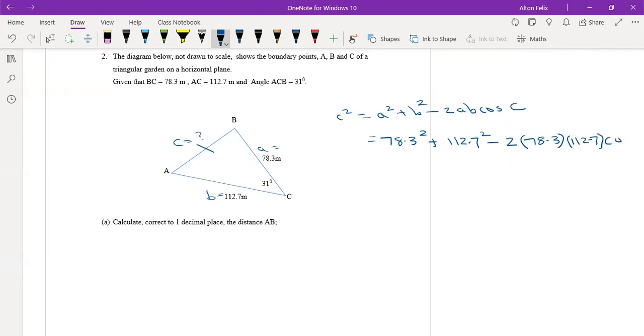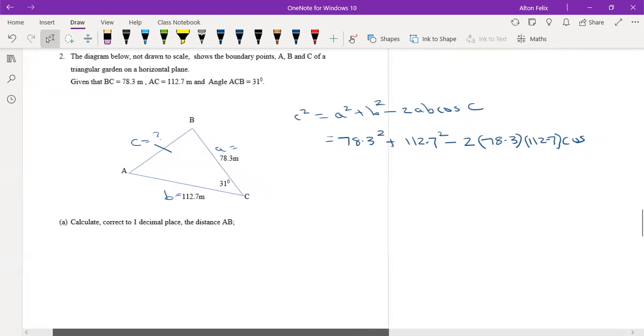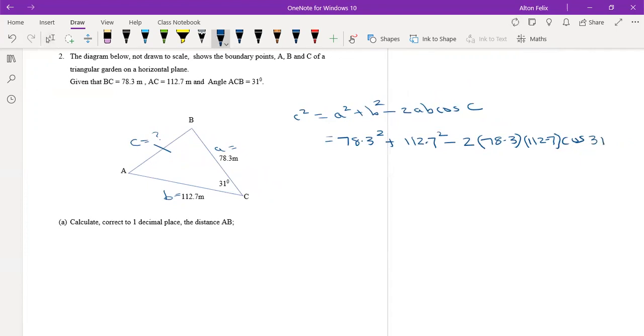And we're going to put here cosine, multiplying that by the cosine. Cosine of 31. Cosine of 31 there. Okay, so it's smooth sailing from here now. We just need to take our time.